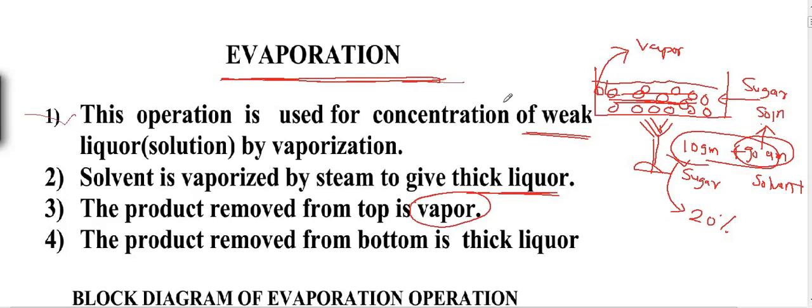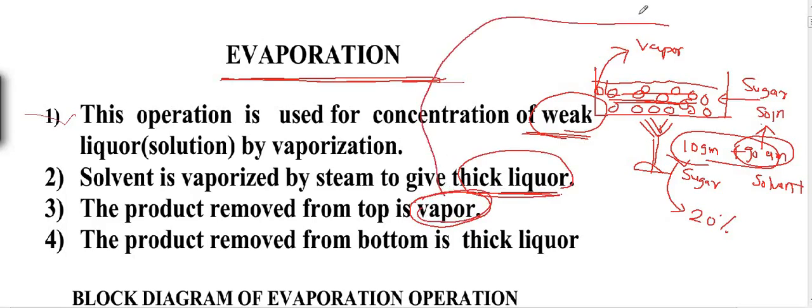So the input is weak liquor, while you get two outputs: one is the thick liquor and the second is the vapor. You get vapor from the top of the evaporator, while from the bottom you get thick liquor.